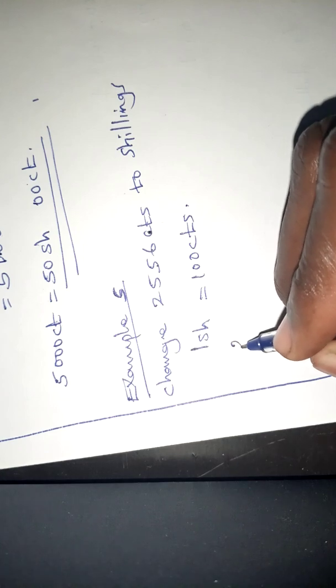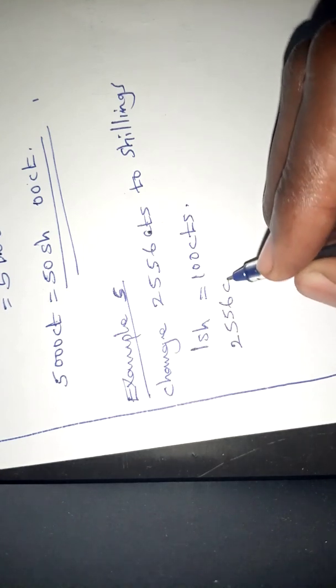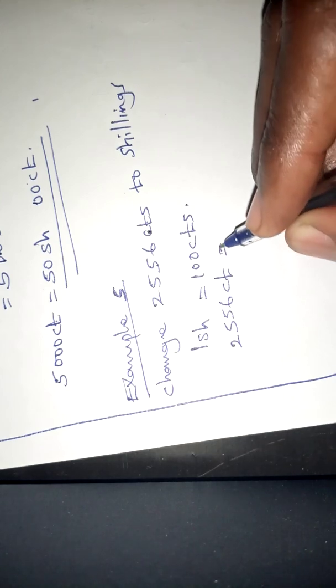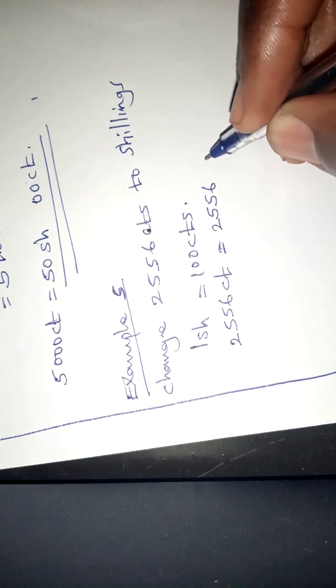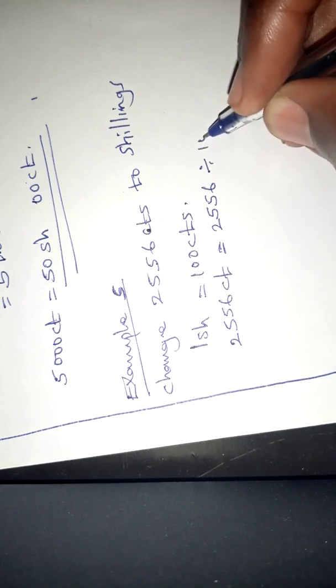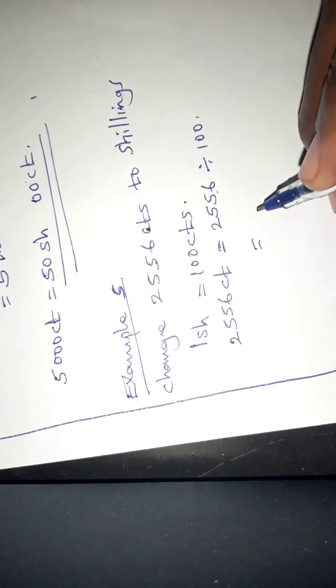So 2,556 cents will be equal to 2,556 divided by 100.